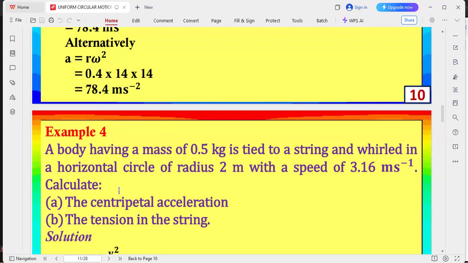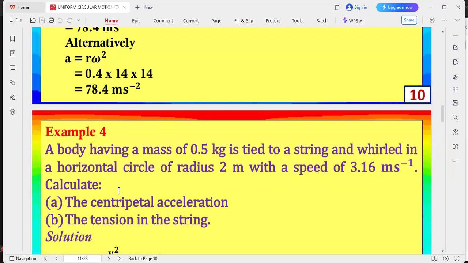Therefore, F equals mv squared over r. That is how we find the centripetal force of an object in a circular motion. That's one way of expressing centripetal force.